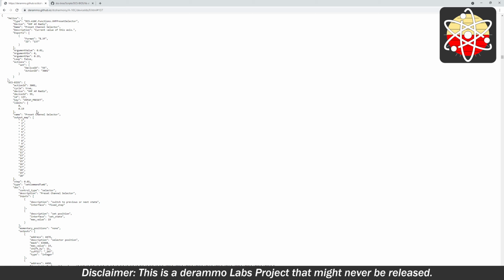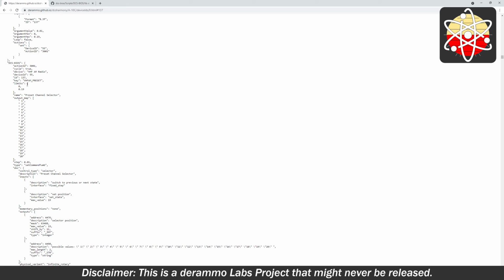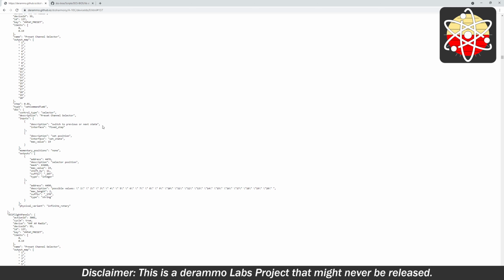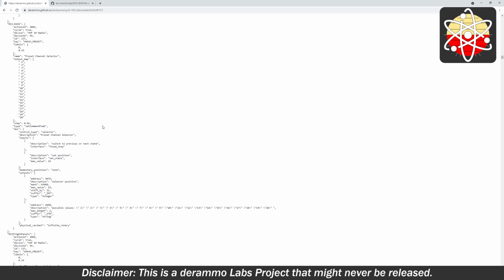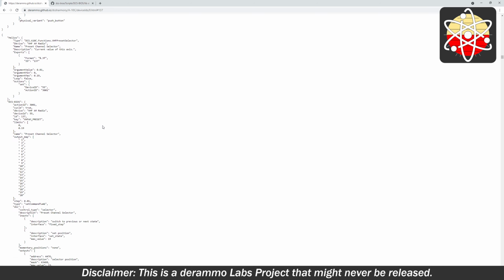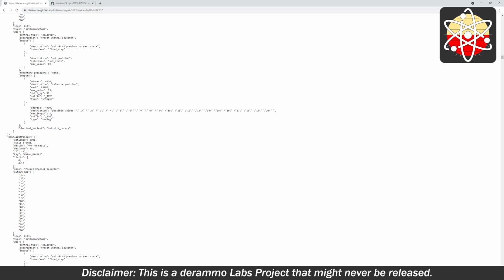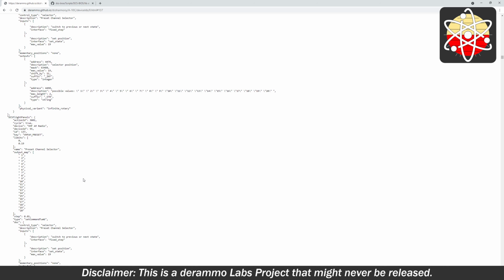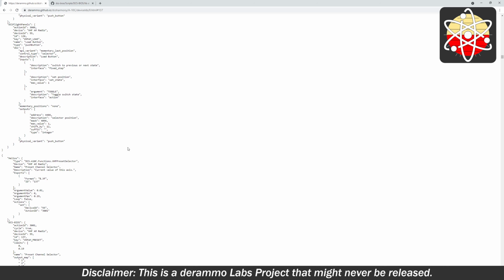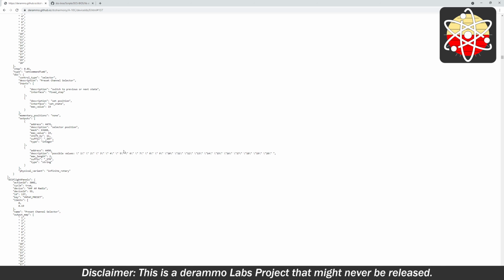In DCS BIOS, the same thing is called VHF AM preset. It's a channel selector, and it uses the same numbers. So that is probably correct, right? Because two different DCS BIOS releases, 0.10 and 0.7, both have the same answer, and Helios also has the same answer. So it's a very good chance that if two people independently come up with the same thing and two different user bases didn't report a bug, it's probably correct. That's basically the point of the project.